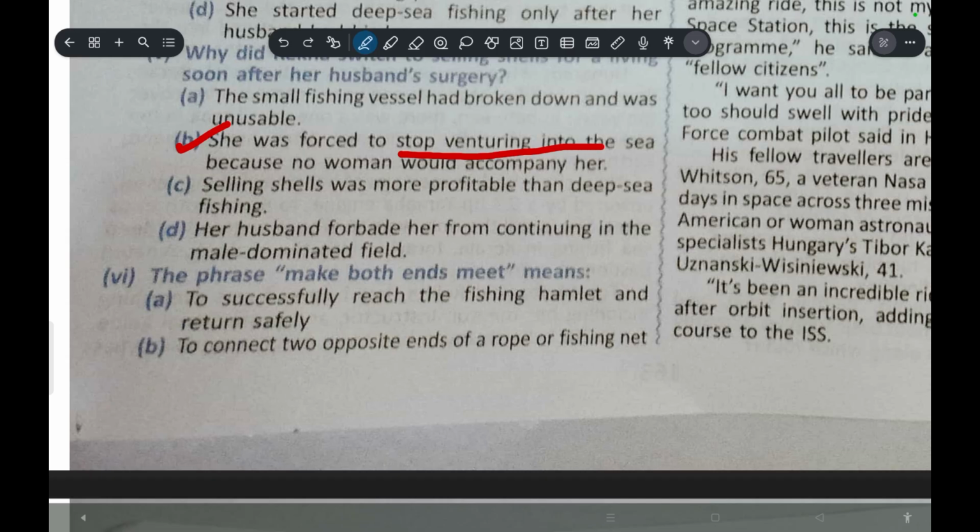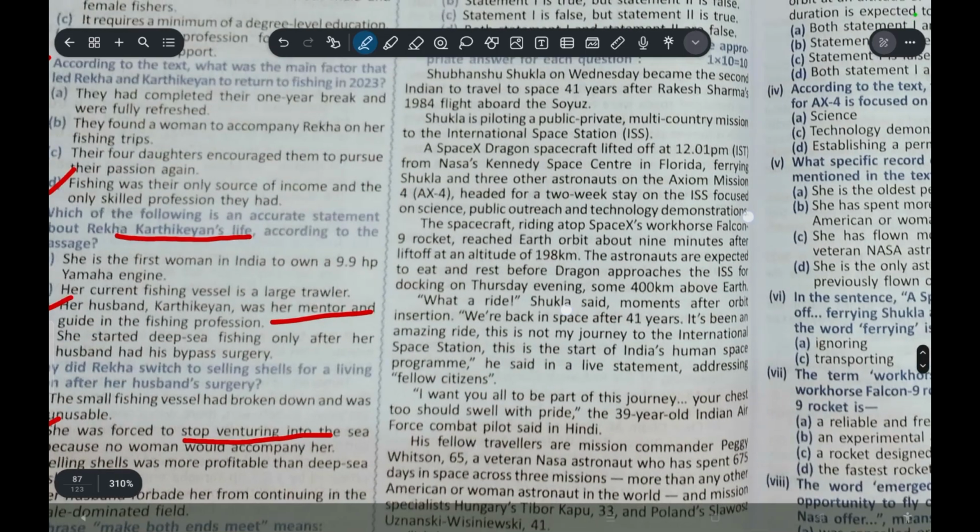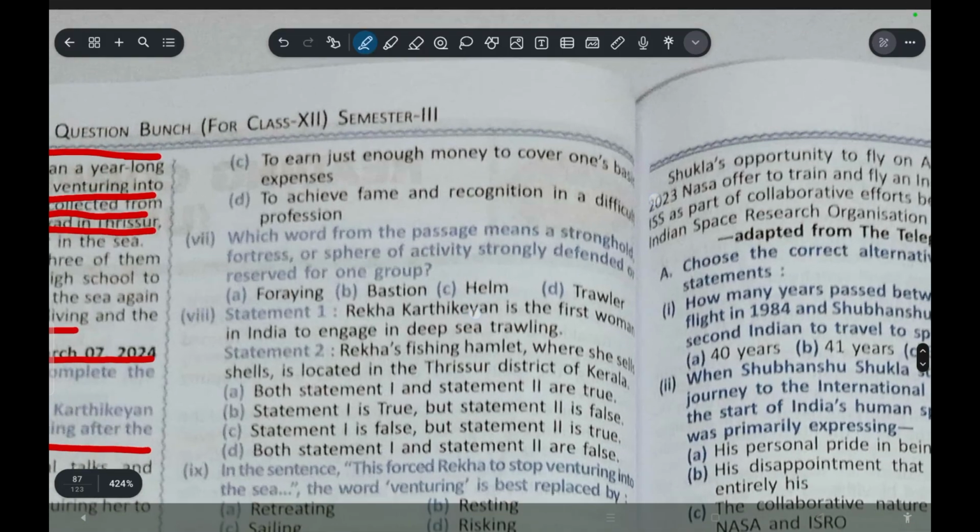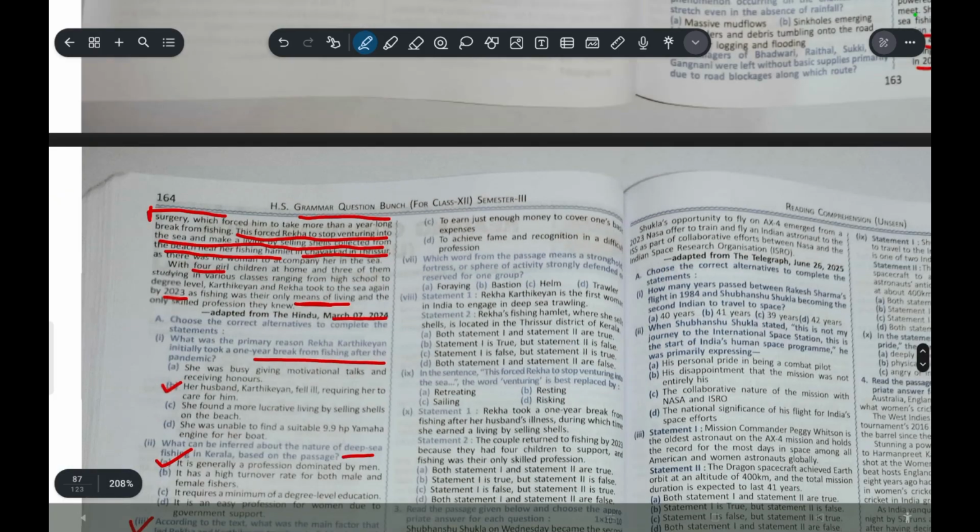The phrase make both ends meet means to successfully reach the fishing hamlet and return safely, to connect two opposite ends of a rope or fishing net, to earn just enough money to cover one's basic expenses, to achieve fame and recognition in a difficult profession.